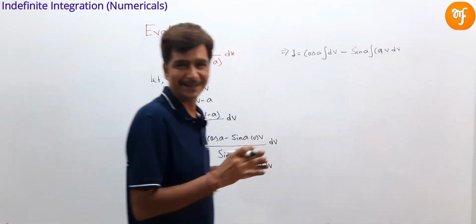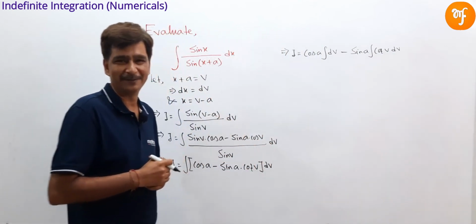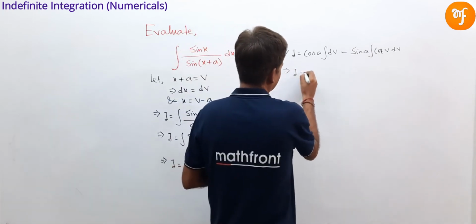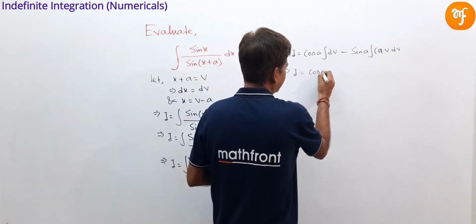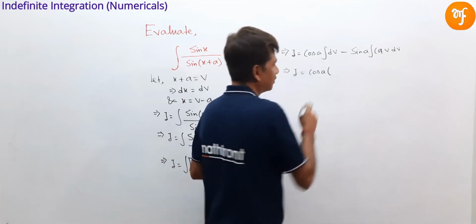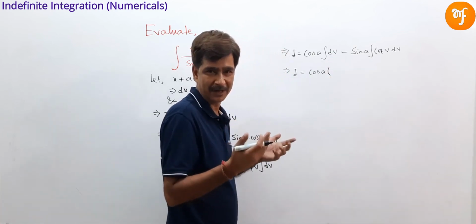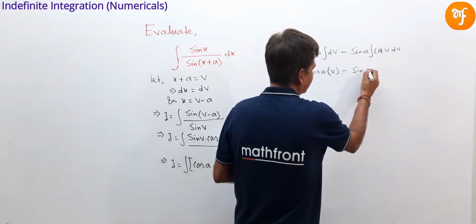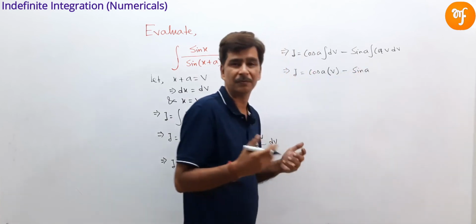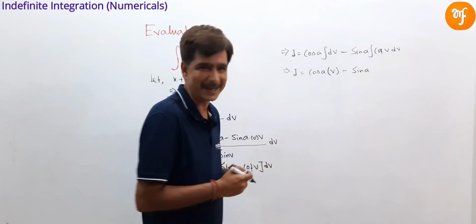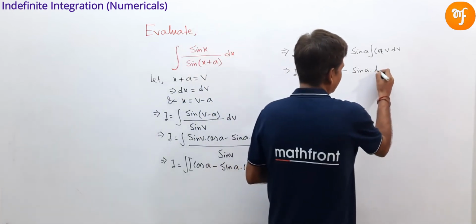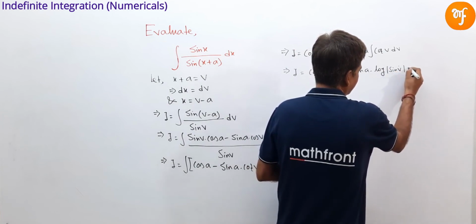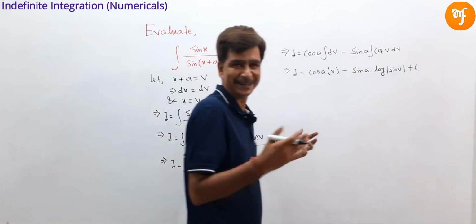Okay, clear? Now we can easily apply the formula of the integrations. So what will be the integration? I is equal to cos of a, and instead of integration of dv we will write v. So v minus sin of a, and integration of cot of v dv is log of mod of sin v. So we will write cos a into v minus sin a into log of mod of sin of v plus c, where c is the integration constant.